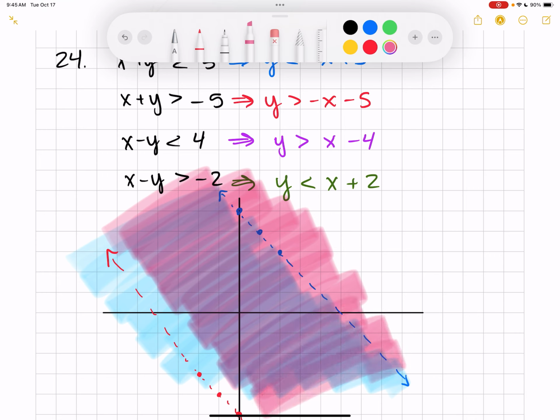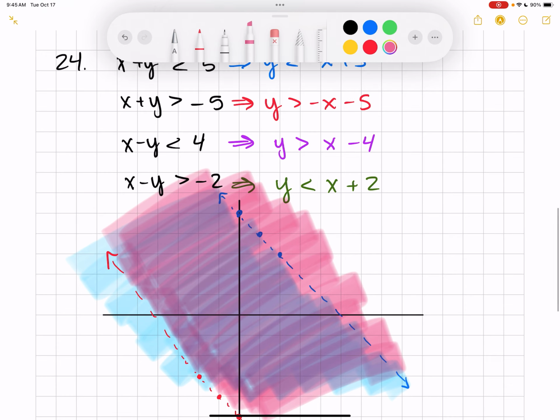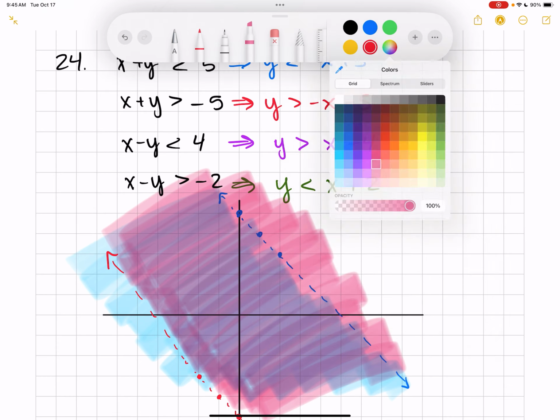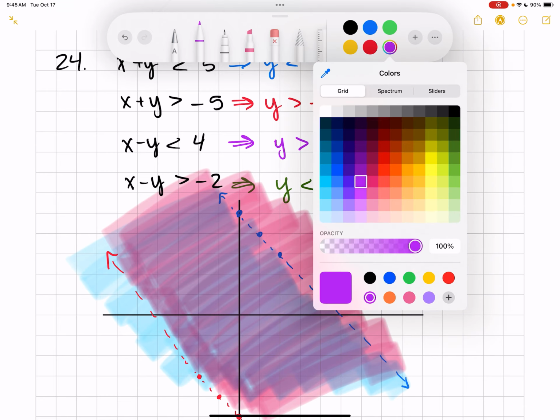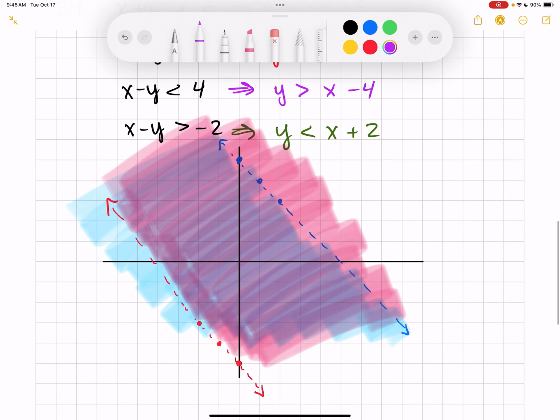All right, now intercept at negative 4, positive slope. And I'm guessing that's what you said is above. So then that's up here.